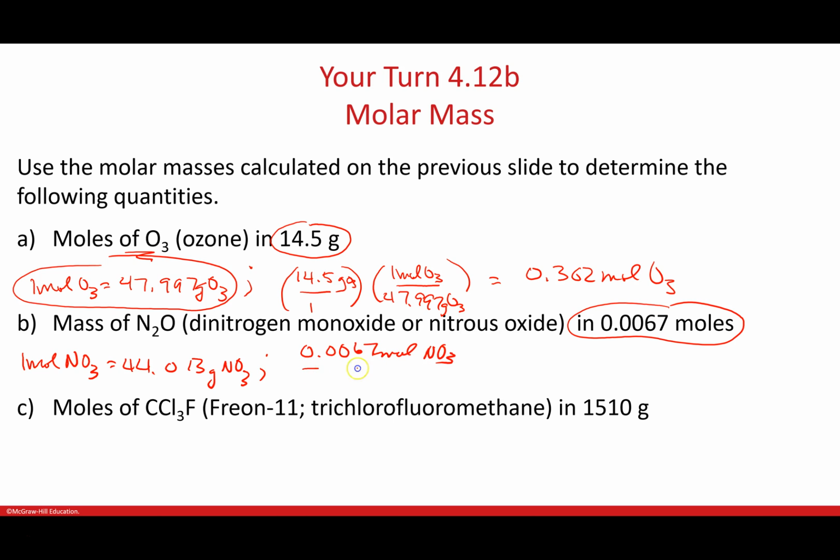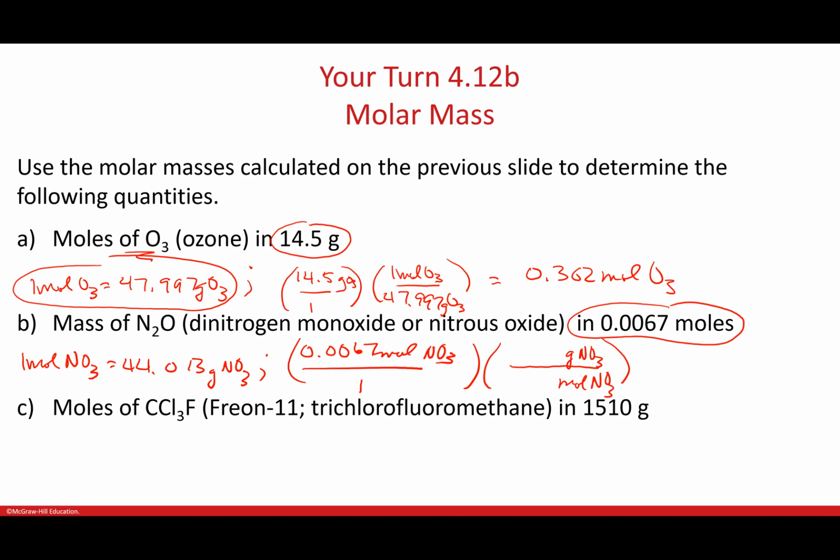The more you do little problems like this, you even stop looking at the words. You just focus on the numbers and the units. And so in this case, since I want moles of NO3 to cancel, I'll put units of moles of NO3 on the bottom. I'm trying to get to grams of NO3, units of grams on the top.